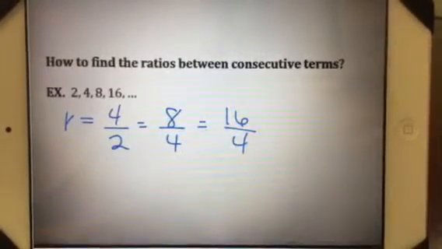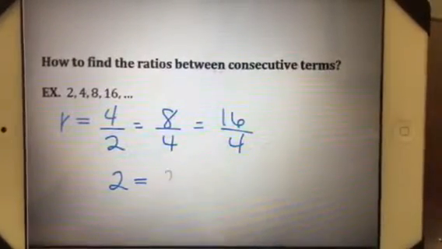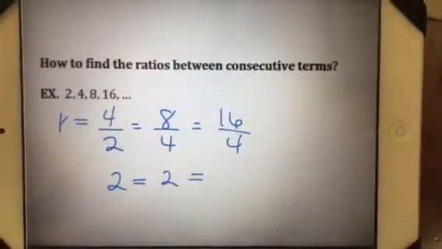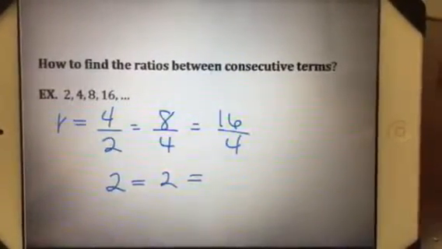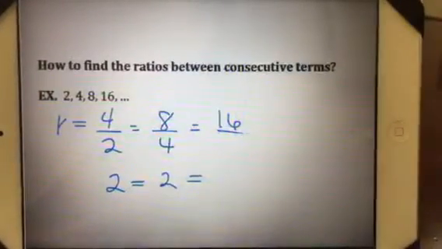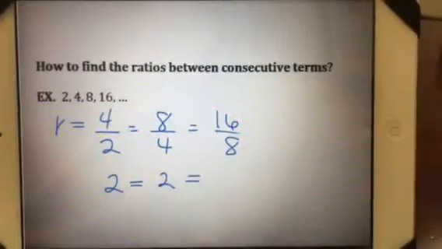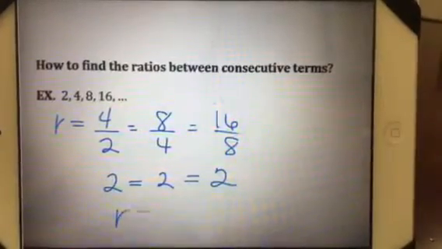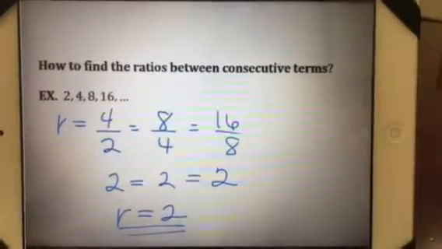So here you get 2, here you get 2, and I divided here by the wrong term. Here you also get 2. So the common ratio here would be 2.